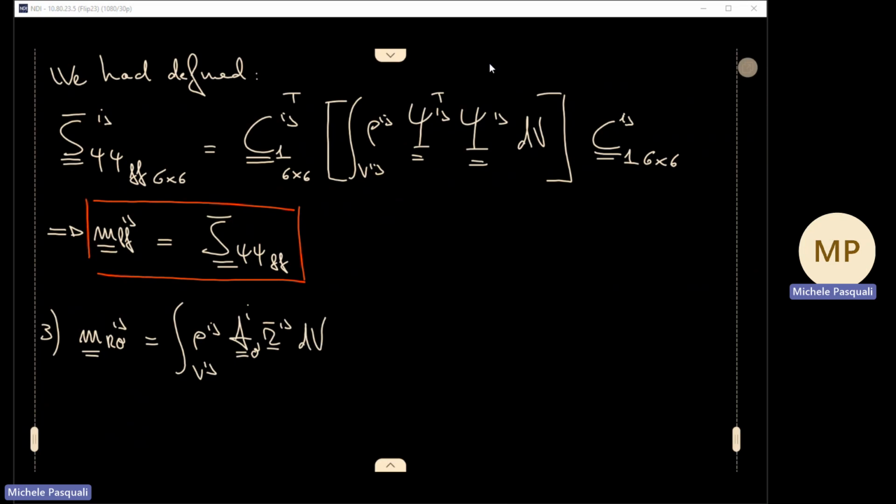Of course, again, all of this information comes from the calculation that we have done so far. And this can be rewritten as A theta I, the integral over Vij of the density.